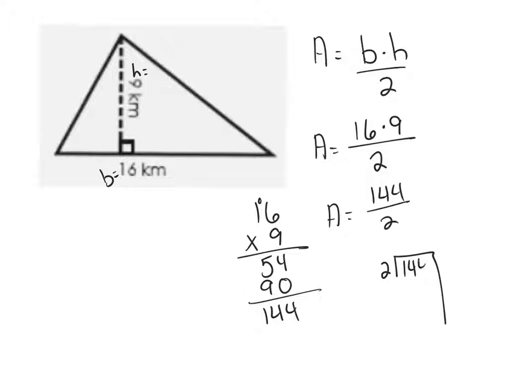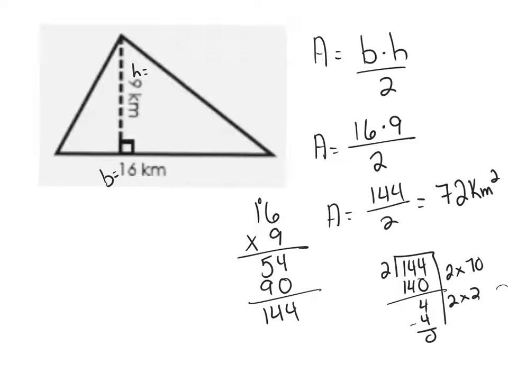And we can go ahead and divide this. 2 going into, think about like 140 is going to give us 70. So that would be 140. I have 4 left, and that's 2 times 2. And some of you might have seen that. You could have been like, well, 2 goes into 14 7 times, and you might have been able to do that in your head if you are in my 4th grade class. So it's 72 kilometers squared.